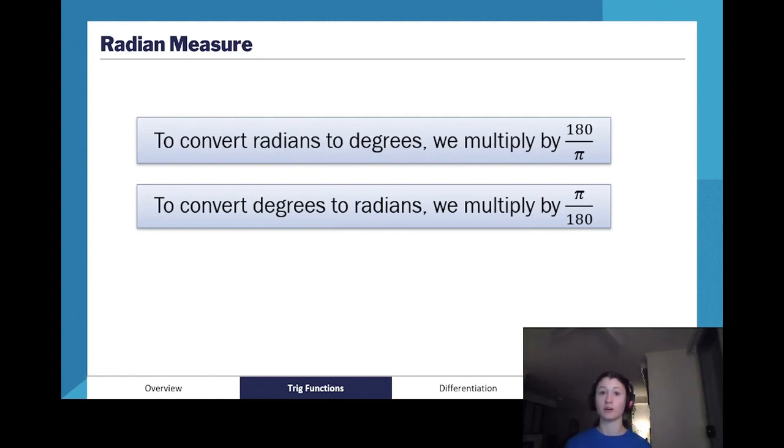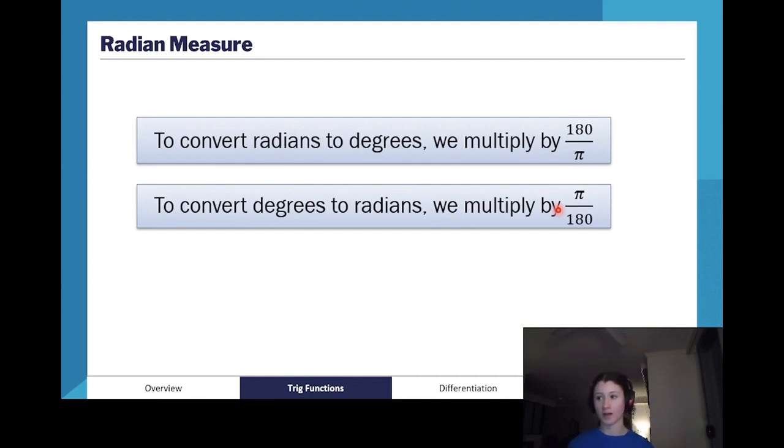To convert radians to degrees, we need to multiply by 180 on pi. And to convert degrees to radians, we need to multiply by pi over 180. If I were you, I would come up with a way to remember which way around these go.